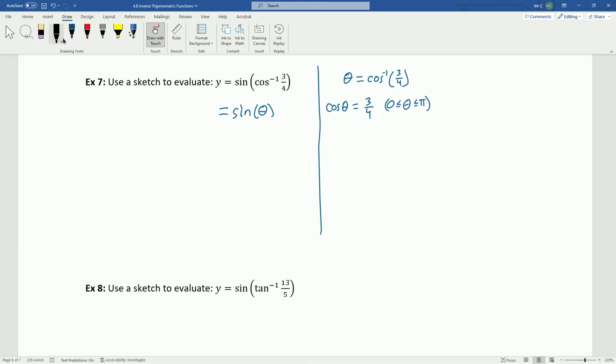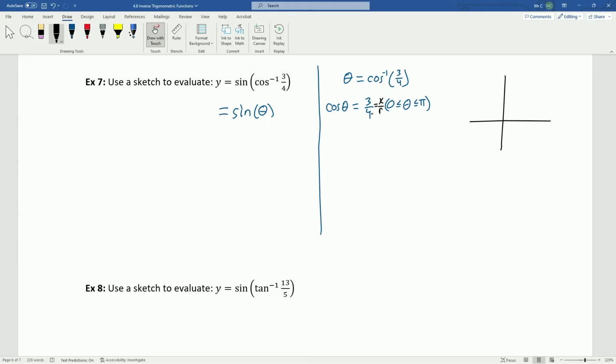So I can draw this, and I can draw a triangle from it because I know, hey, 3/4 is my adjacent over my hypotenuse, right? If we think back to that SOHCAHTOA, sine is opposite over hypotenuse, cosine is adjacent over hypotenuse, or we can think of cosine of theta as just being the x divided by the r. That's fine too.